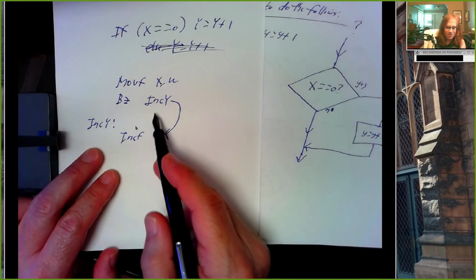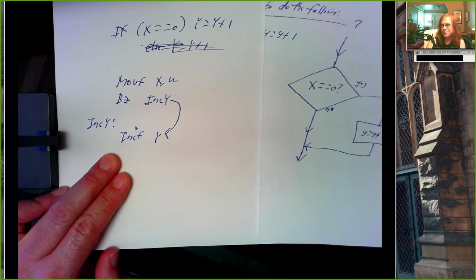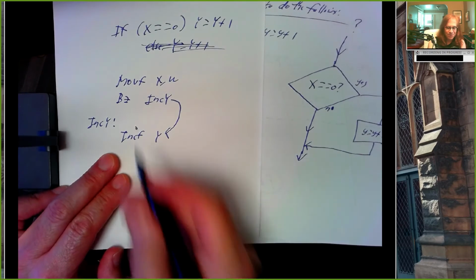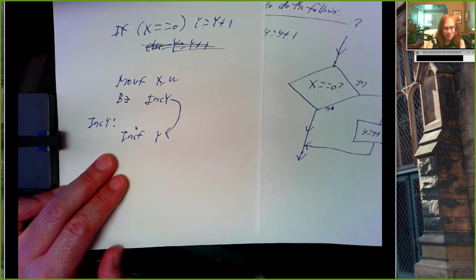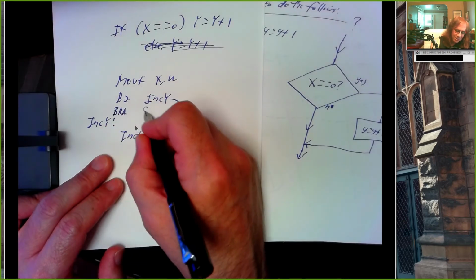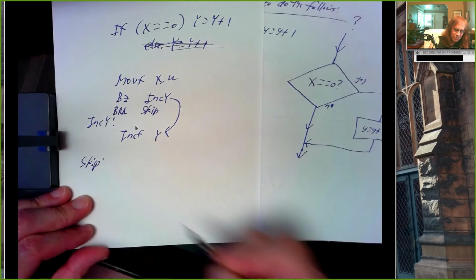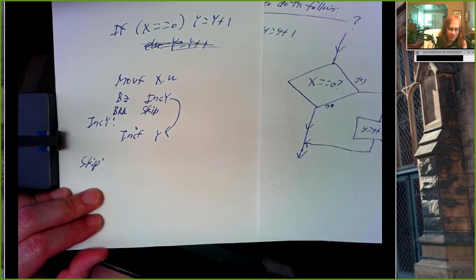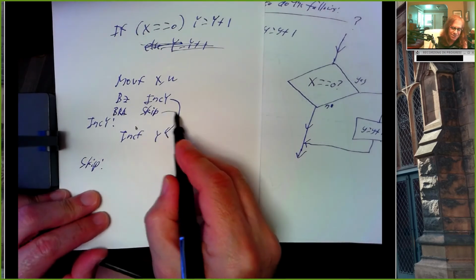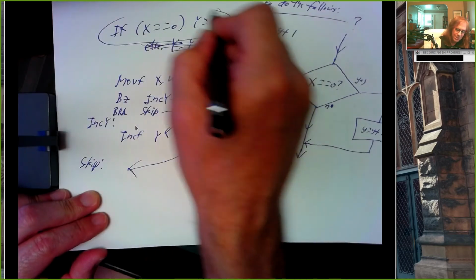Because if I have my increment after the BZ, it's going to do the increment regardless of whether it branches or not. So if I was going to do something like this, what I might need to do is after my BZ, I might want a branch or a go to some other label, which would be down here. And then if it doesn't take the branch because x is not 0, this will say, okay, well, let's skip over the increment and come down here. And now we're doing that function.